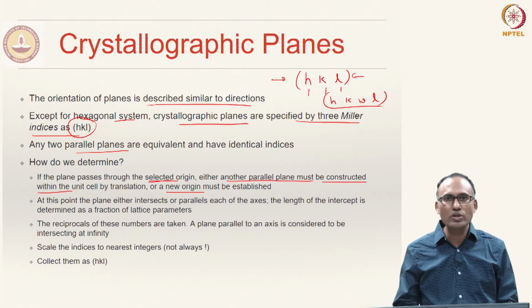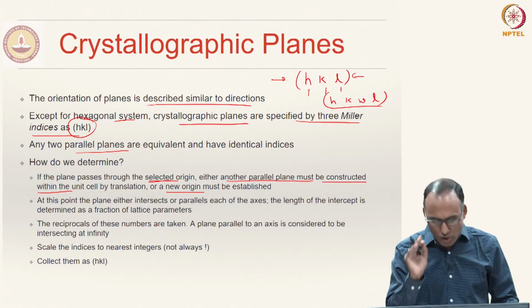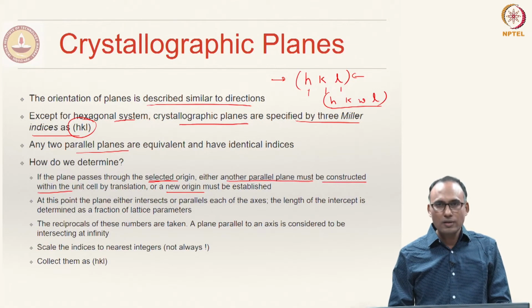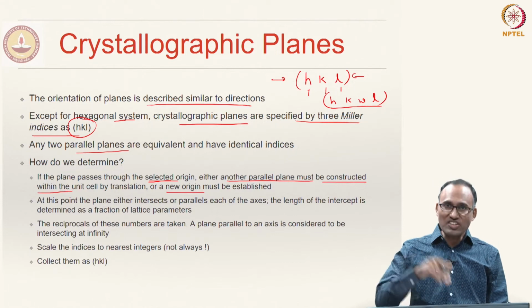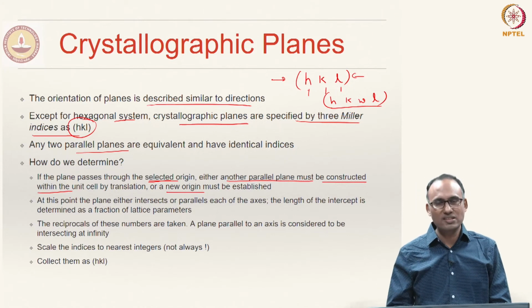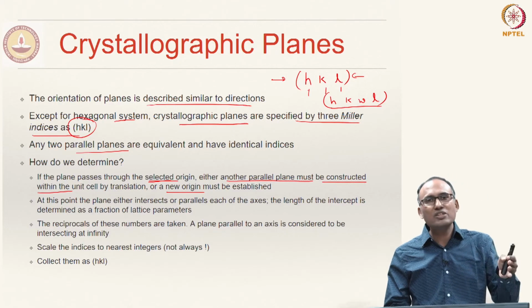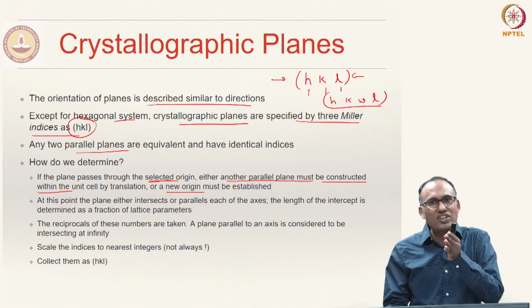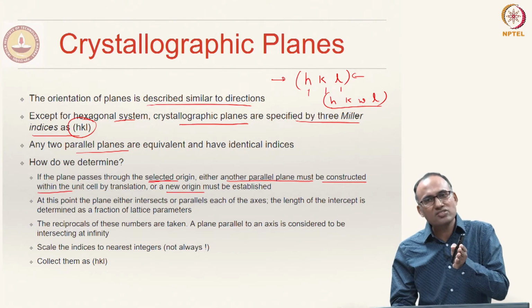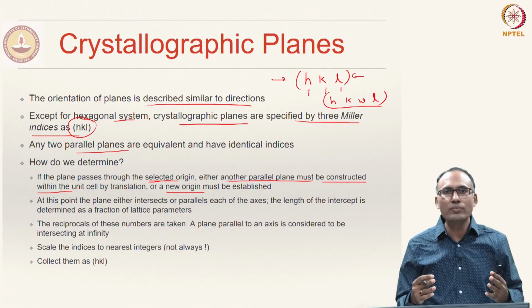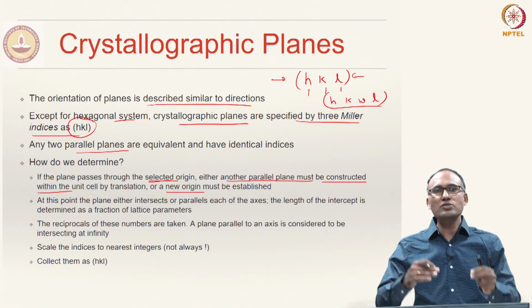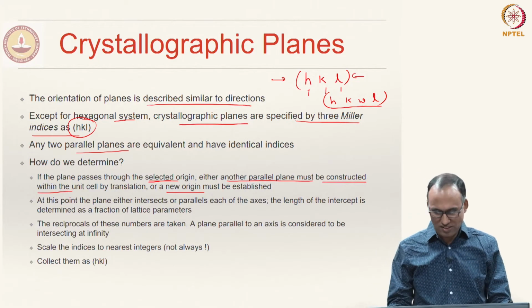At this point the plane is going to either intersect the coordinate axis or be parallel to it, because if it is originally parallel to one of the coordinate axes, by translation it will not become non-parallel. So, at this point, your plane should either intersect one of the axes or be parallel to one of the coordinate axes.